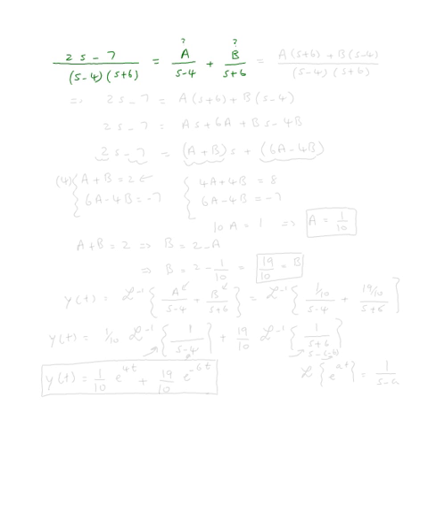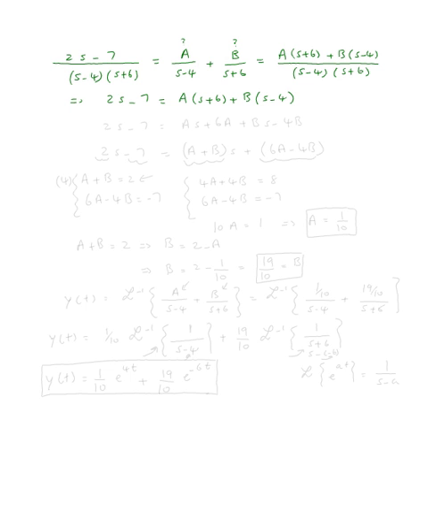Now how do we find A and B? Just add those fractions. If you add them, you get A times s plus 6 plus B times s minus 4, over s minus 4 times s plus 6. The same denominator means the numerators are the same, so 2s minus 7 is equal to A times s plus 6 plus B times s minus 4.